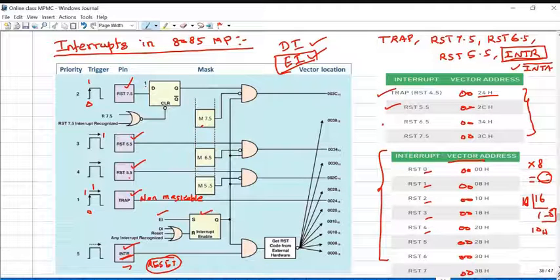If it is 1, the Q will be 1. If enable is 1, then this also will be 1. So 1, 1, and the particular RST 7.5 will be activated if the mask bit is 0. If you want to disable RST 7.5 only, then M 7.5 must be logic high. Then we can disable this particular interrupt.